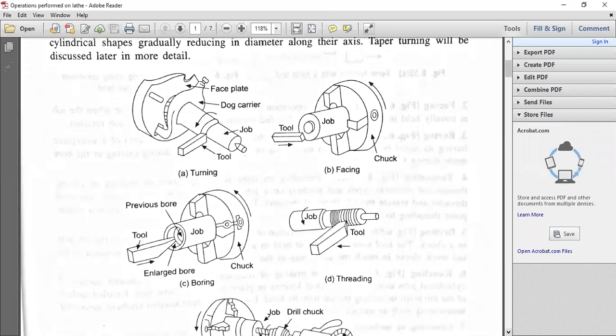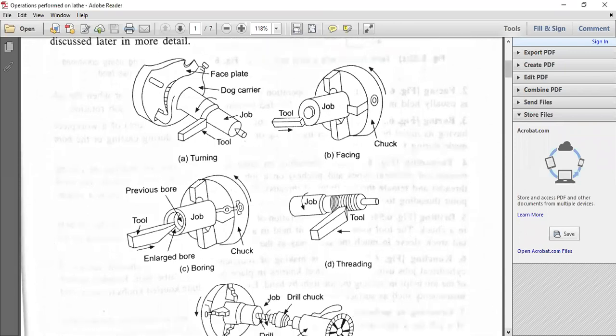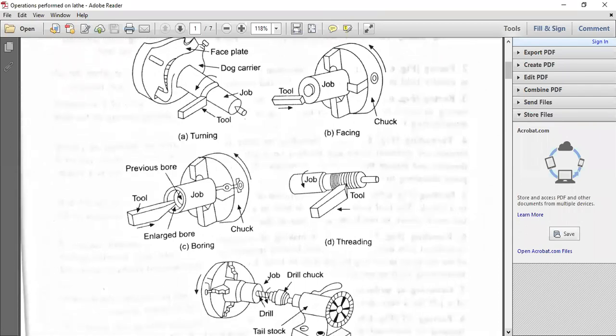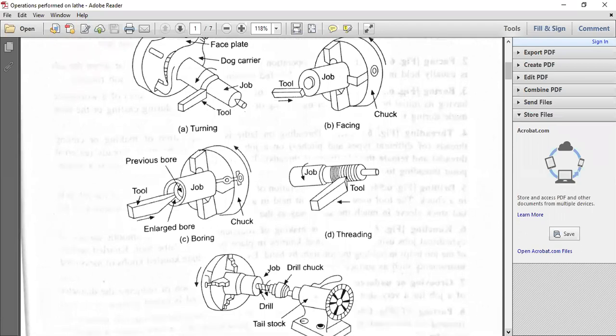In the thread chart, whatever thread you want, Acme thread or ISO metric thread. For ISO metric thread, the included angle is 60 degrees and the flank angle is 30 degrees. For Acme thread, it is 29 degrees. So you have to know all the types of threads.